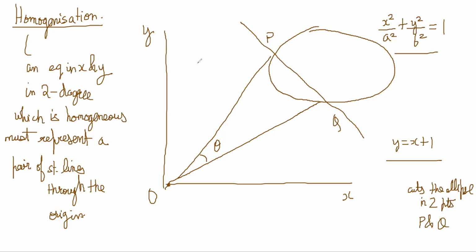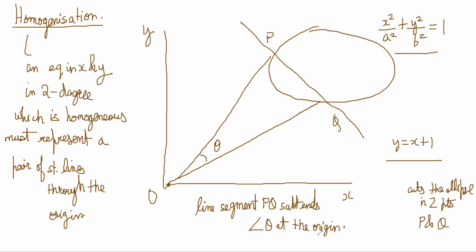It can say line segment PQ subtends angle theta at the origin. That basically means that the OP and OQ lines have an angle between them, theta. So your question could be: find theta.